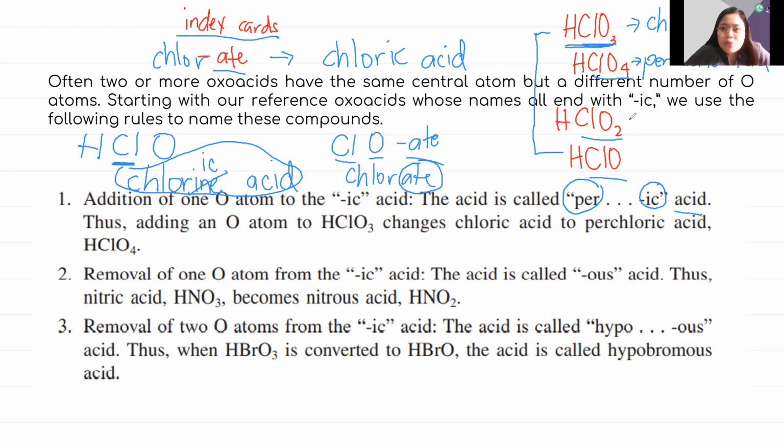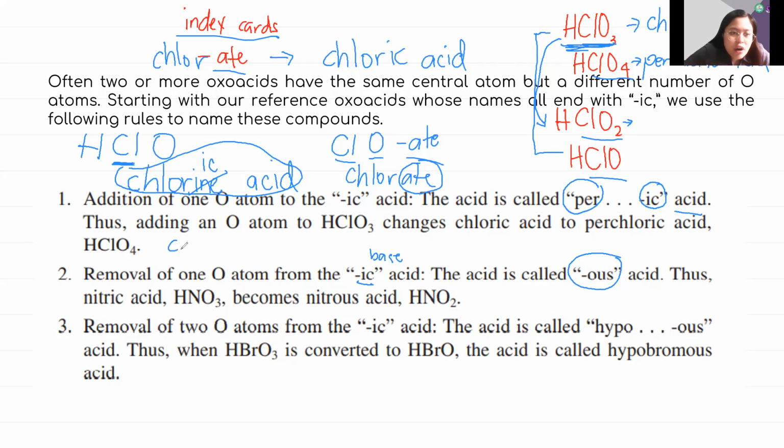Now, the next one. Paano naman kung nabawasan ng isa? This is our base acid here. So let's compare the two. This is HClO3. This is HClO2. Nabawasan siya ng isa. So ano daw ang ating guideline? Removal of one atom from the IC acid or the base acid here. The acid is now called OUS acid, meaning instead of the IC ending, papalitan natin siya ng OUS.